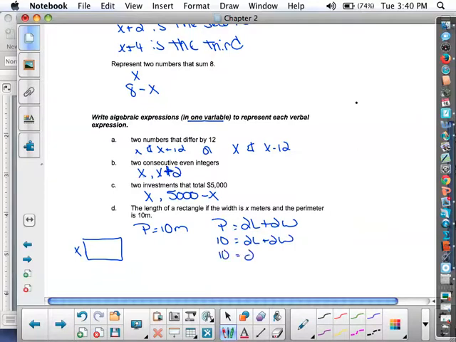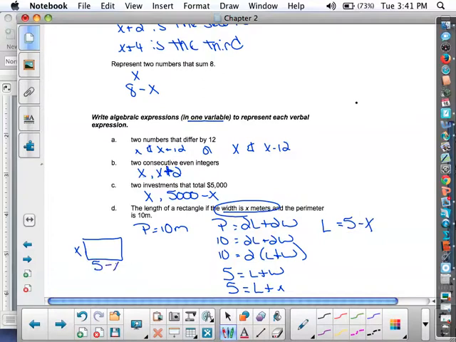We're going to factor that out and divide by 2. So 5 is equal to the length plus the width. If the width is x, then 5 is equal to L plus x. And that's right here. So the length is equal to 5 minus x.